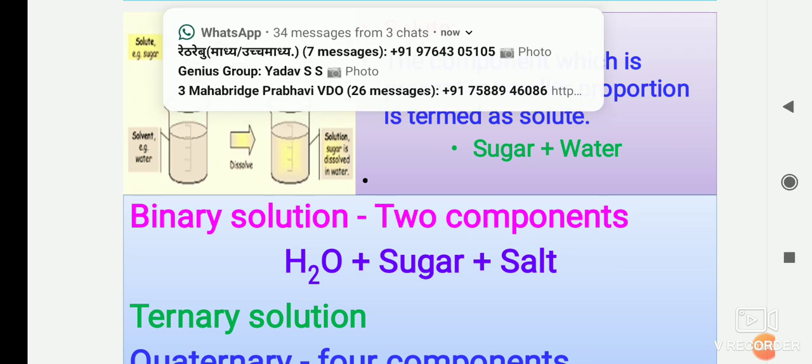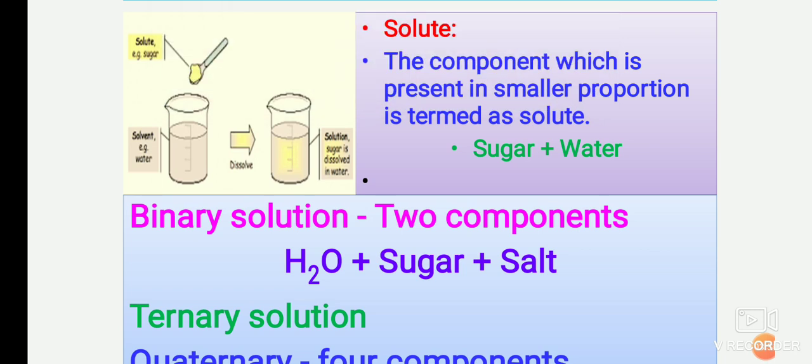For example, sugar plus water gives sugar solution. In the diagram, the solvent water is in larger proportion and a very small amount of sugar is added into it, and thus the sugar solution is formed.